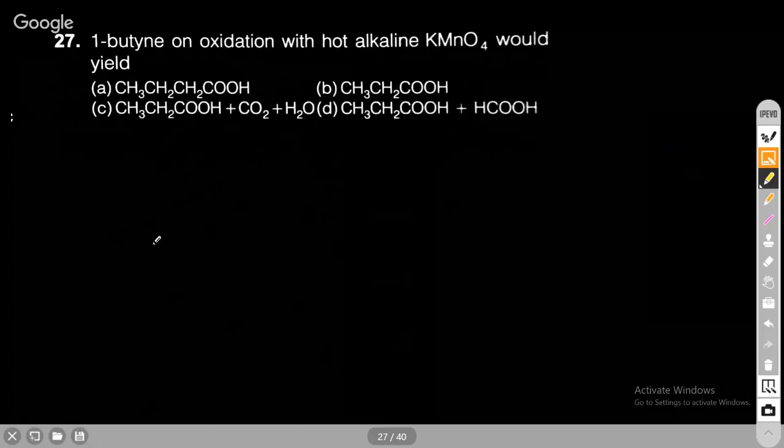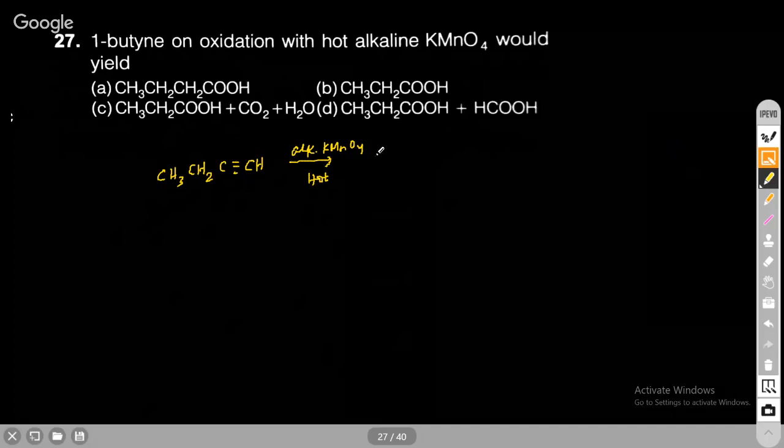See, 1-butene is nothing but this: CH3, CH2, C triple bond CH. When you are using hot alkaline KMnO4, this forms acid, right?